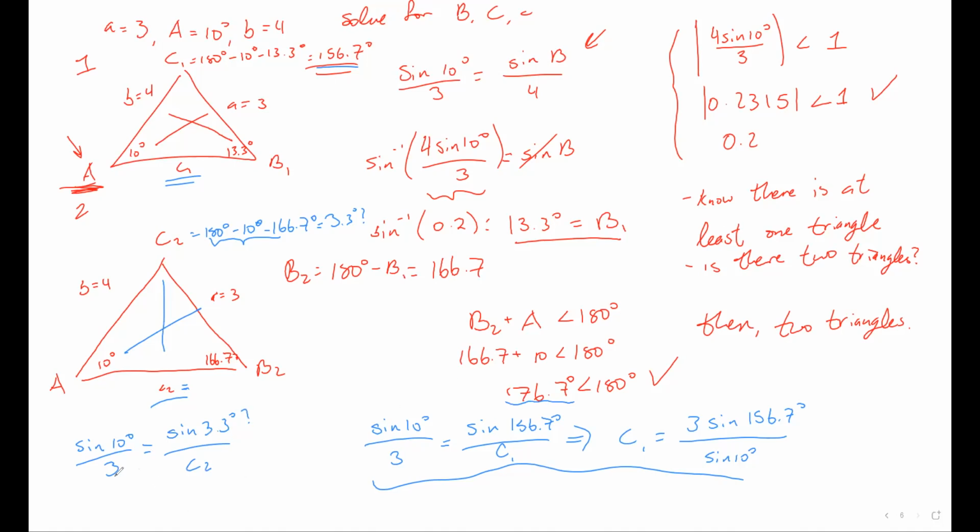Yeah, okay, so now we get C2 to the other side, and we'll end up getting something very similar to the last one, but it'll be 3 times sine of 3.3 degrees over sine of 10. And you'll end up seeing that the only difference between this and this is what we put in for this angle and this angle, because the angle C is different in both.